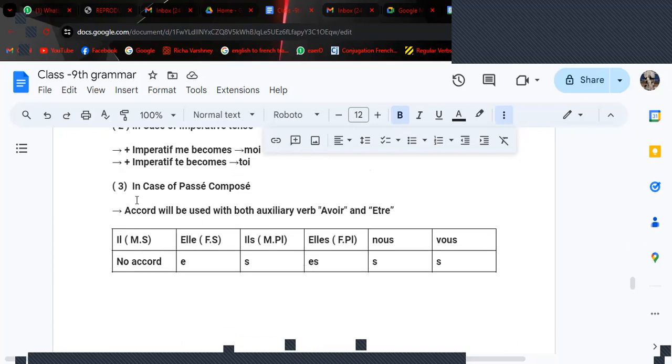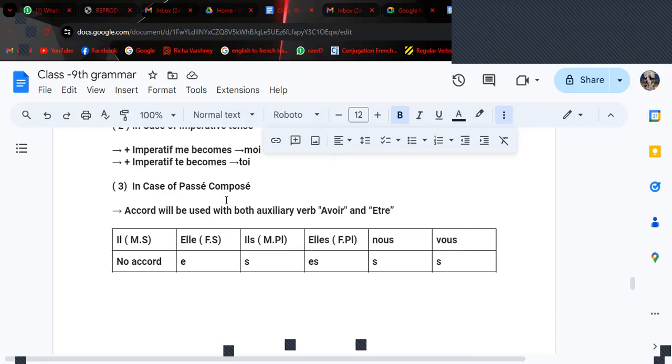The third rule is that in the case of passé composé, we already know that in the tenses of passé composé, the accord will always be used with the auxiliary verb être. But in the COD, the accord will be used after the verb in the case of avoir also, right?